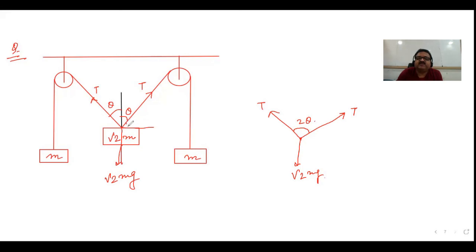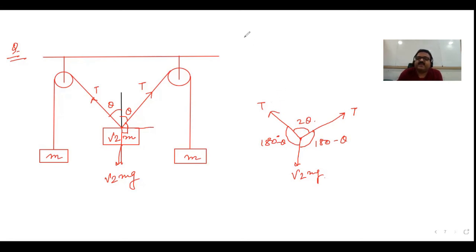This will be what? 90 minus theta, and this is 90. So if I add these two, 90 minus theta plus 90, that is equal to 180 minus theta. This is also 180 minus theta. If you add these three, 180 minus theta plus 180 minus theta plus 2 theta, that is 360.